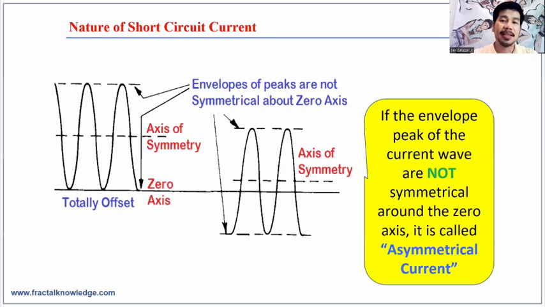Asymmetrical is the other way around. If the envelope of the peak current is not symmetrical above the zero axis, it is called asymmetrical current. It can be a totally offset or a slight offset, as you can see from the figure. This asymmetry is very critical in our study of short circuit. Let us dig deeper. What is it?